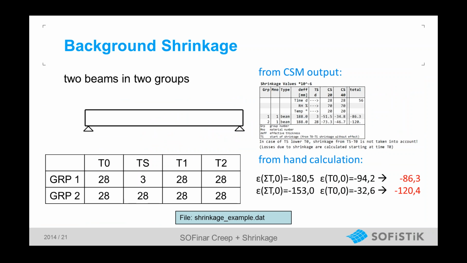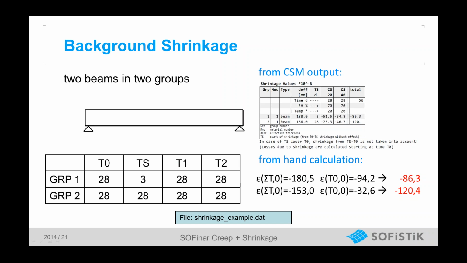Now, to explain the differences here, again, we prepared a little example. This example has exactly the same starting value, 28 days. Then shrinkage starts at 3 days in the first group, and in the second group shrinkage starts again at 28 days.